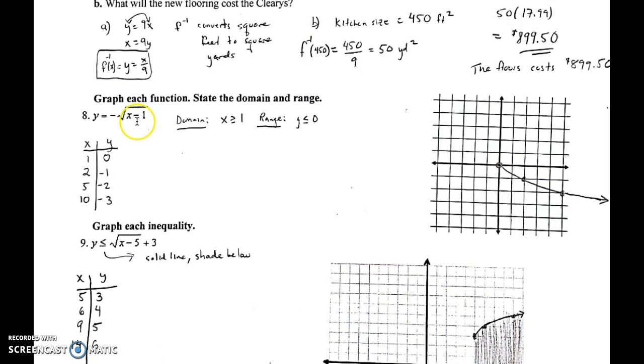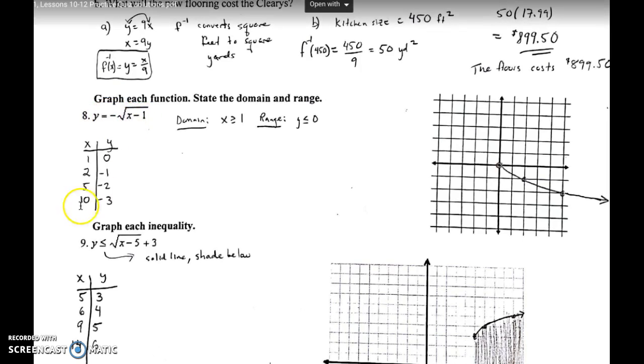I know the square root of 4 is 2, so negative 2. And you can see here, there's a pattern of negative 1. That pattern shows up as the a value in your equation, which would be right out in front of this negative 1. So then I just graphed these points. Obviously 10, negative 3 didn't fit on my picture, but I was able to graph 3 points and still get a good idea of what the graph is going to look like.